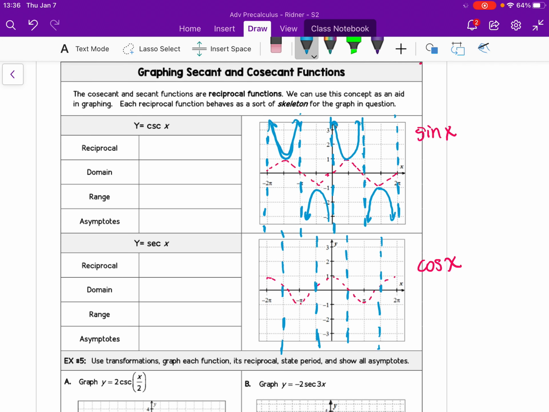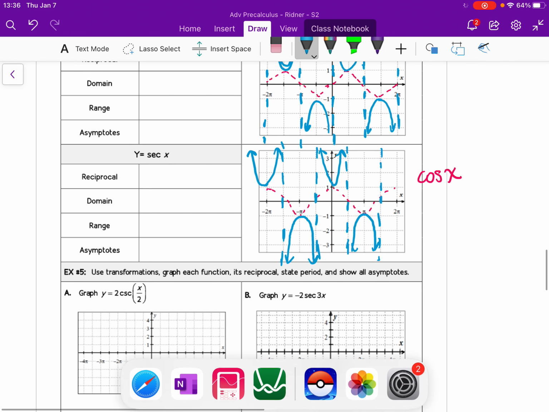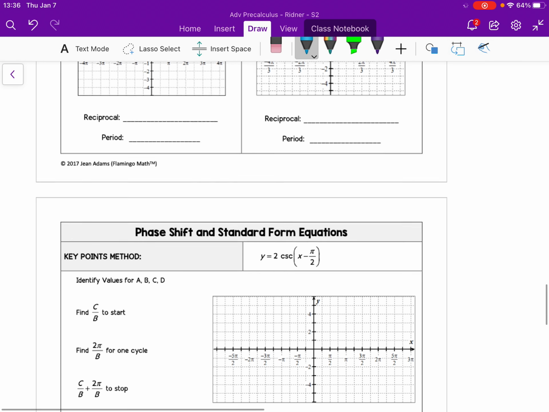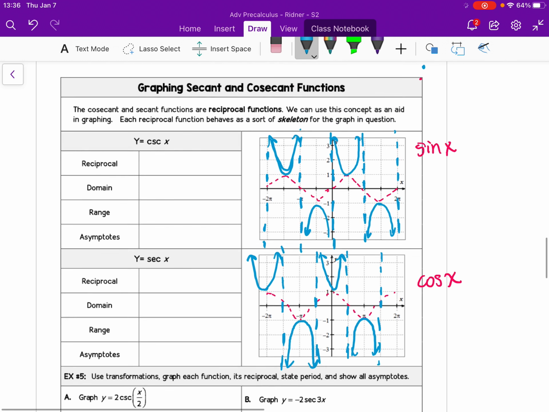Then it's the same type of pattern. It touches the cosine's maxes and mins, but they actually go the opposite way. They are supposed to go a little flatter, but as long as you get the idea. And again, just like everything else, all the things can change. We'll talk about some phase shifts and so forth.